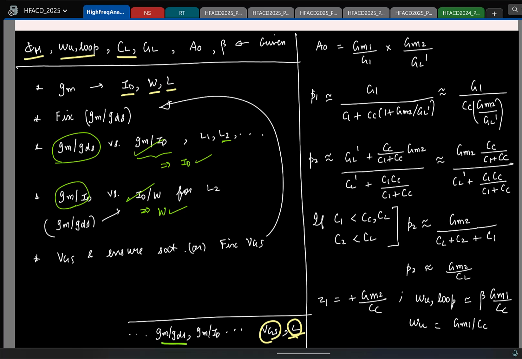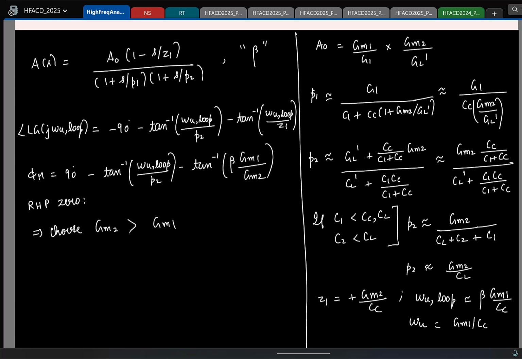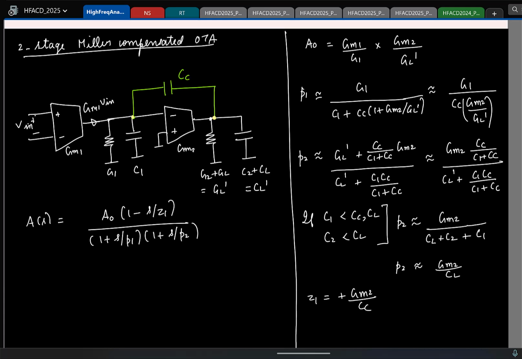Another thing to be wary of is that in your expressions you would have assumed P2 to be this. This is true if C1 is smaller than CC, correct? And C1 is essentially the gate parasitic capacitance of the second stage, because this will be some MOS transistor. The gate capacitance of that will be C1.